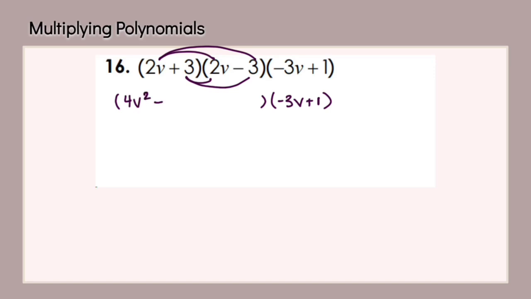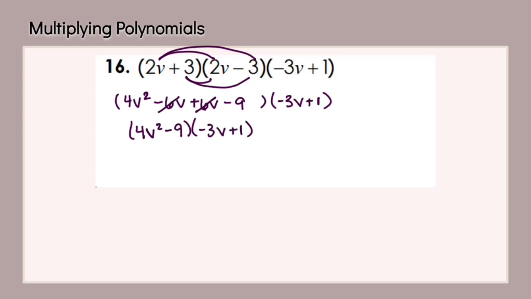2v times negative 3 is negative 6v. 3 times 2v is positive 6v, and 3 times negative 3 is negative 9. Now I notice that my middle terms cancel in this case. And so now our next step will be 4v squared minus 9 times negative 3v plus 1.